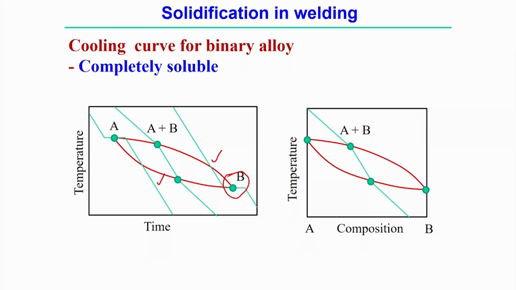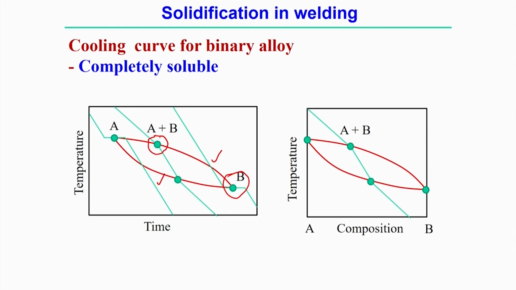Now, if the alloy system consists of materials A and B, it is a mixing of these, so it becomes an alloy. In this case the phase change starts at this point, exactly on the liquidus line. Here it just starts the change of phase from liquid phase to solid phase.